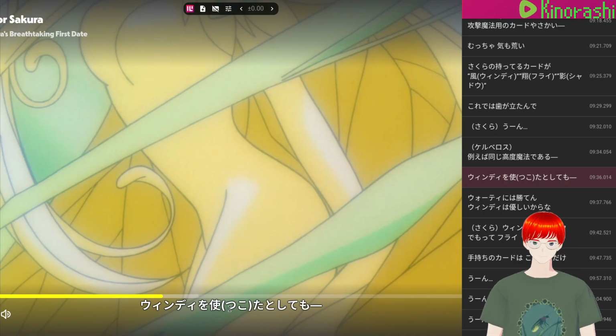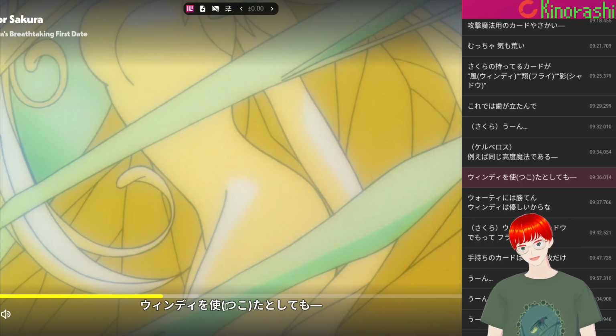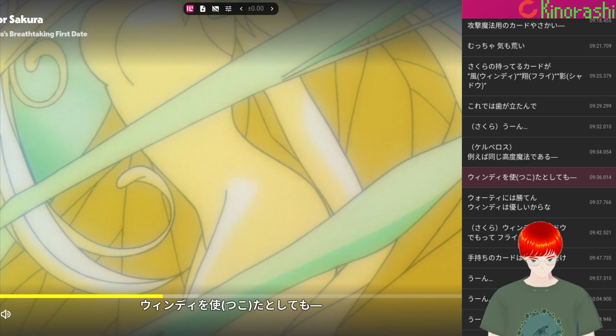Windy. This is supposed to normally be tsukatta in standard Japanese, but with his Kansai accent, it's tsukota instead. Windy o tsukota. So using Windy, to shite.